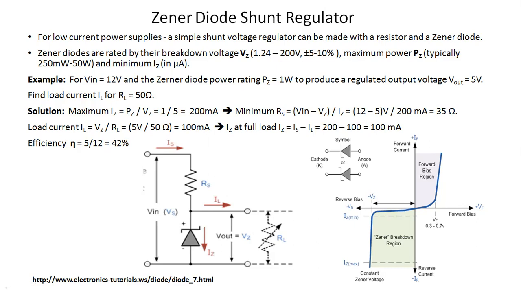We can solve this, because we have the value of power and we have the value of Vz. We are supposed to calculate the current for this Zener diode, because we know P equal to V into I, so you can rearrange that equation for the Zener diode.